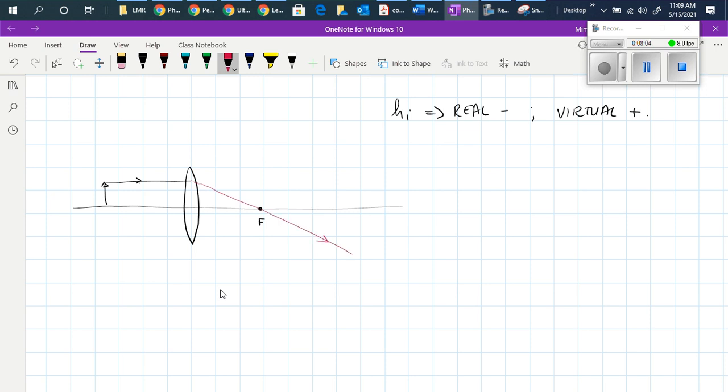This is the refracted ray. And it doesn't matter what kind of lens you have. You may have a concave or convex lens.